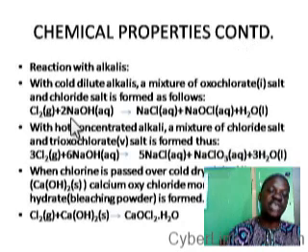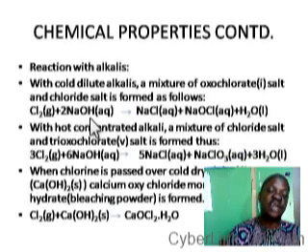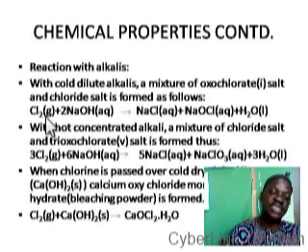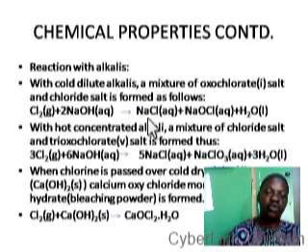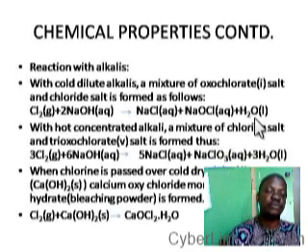Chlorine reacting with sodium hydroxide will form sodium chloride, sodium oxochlorate 1, which can be written as NaOCl or NaClO, and water. So this can be looked at as a neutralization reaction, because we have an acid reacting with an alkali to form two salts and water only.